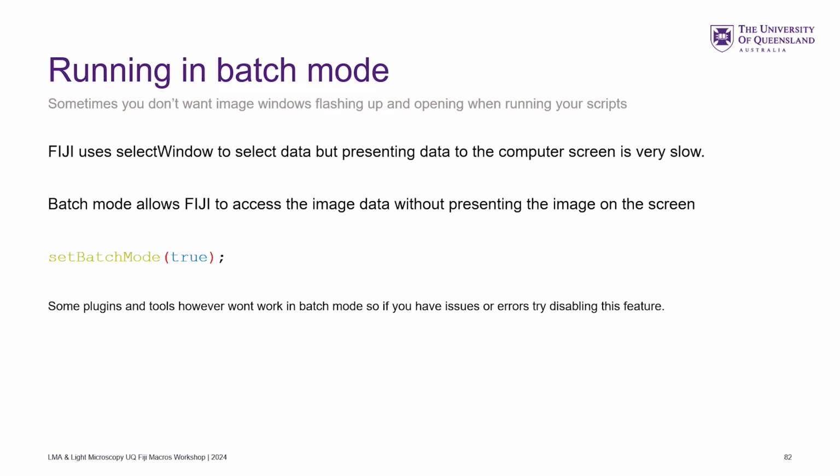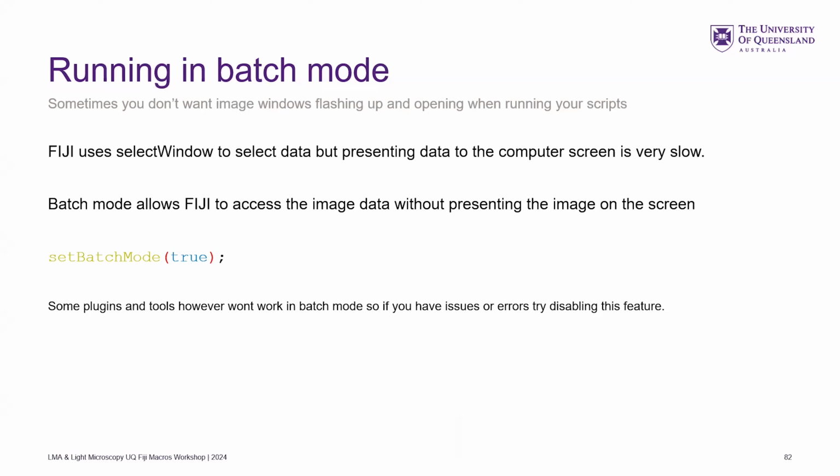Caveat is, over the years, I've come across a couple of commands and plugins that people have written that do require a window to be open. So you're probably going to be fine, but just know that there's a couple of edge cases where it needs a window open, and if you tell it not to open windows, your script fails. As I said, it's a couple of times I've experienced it in 10 years, but I was pulling my hair out to figure out why.